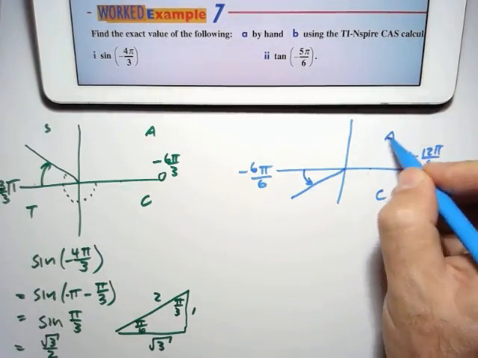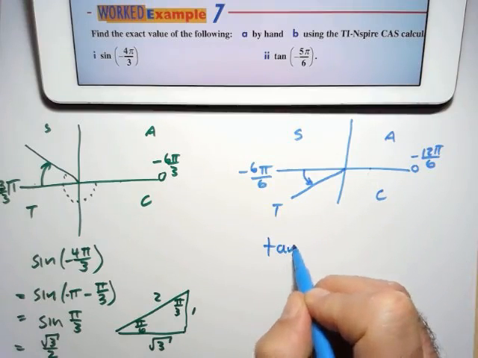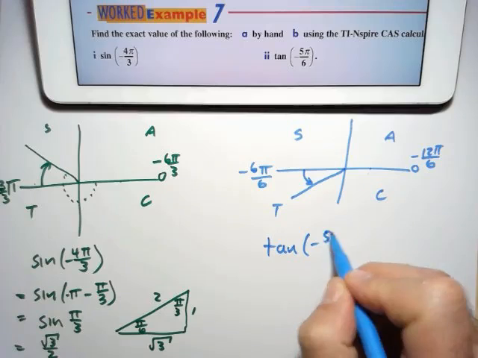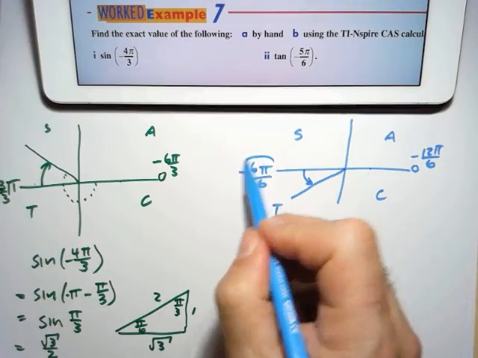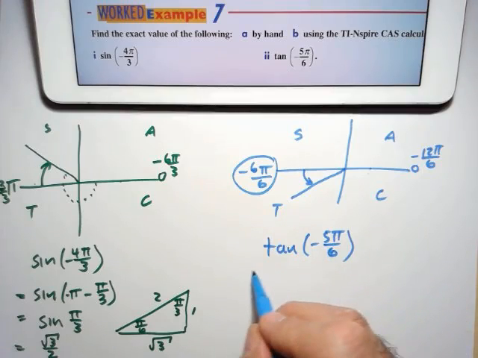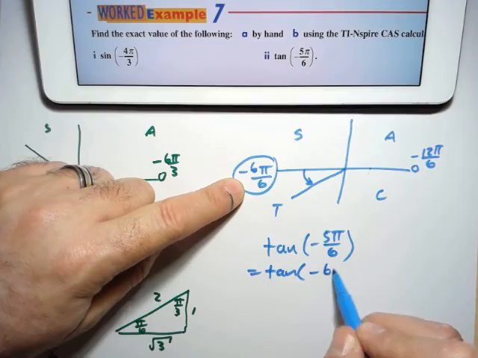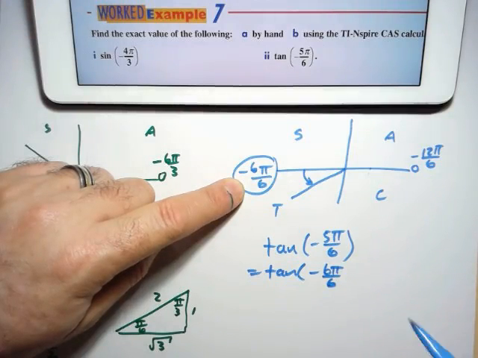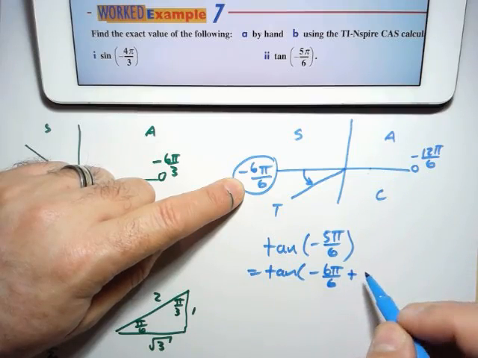I'm going to say this is my CAST, which means that the tan of negative 5 pi over 6 will be, how do I get to that point? I start there. I say this equals the tan of minus 6 pi over 6, or you can just say pi. I'm coming into the positive direction, so I add how much?